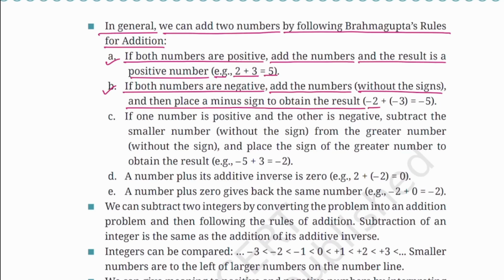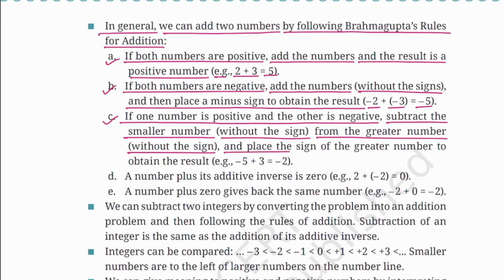Example: minus 2 plus minus 3 is equal to minus 5. C. If one number is positive and the other is negative, subtract the smaller number without the sign from the greater number without the sign and place the sign of the greater number to obtain the result. Example: minus 5 plus 3 is equal to minus 2.